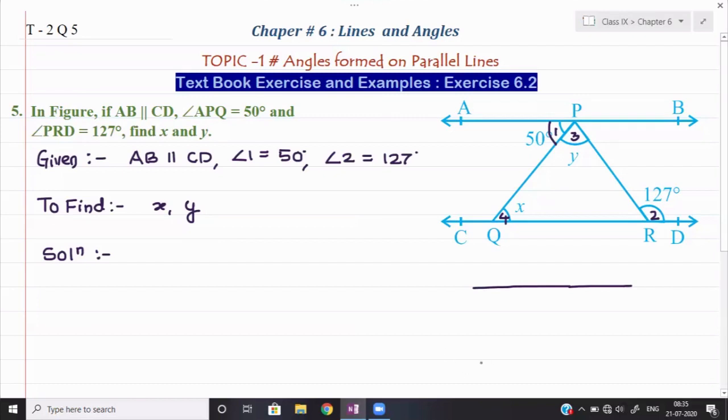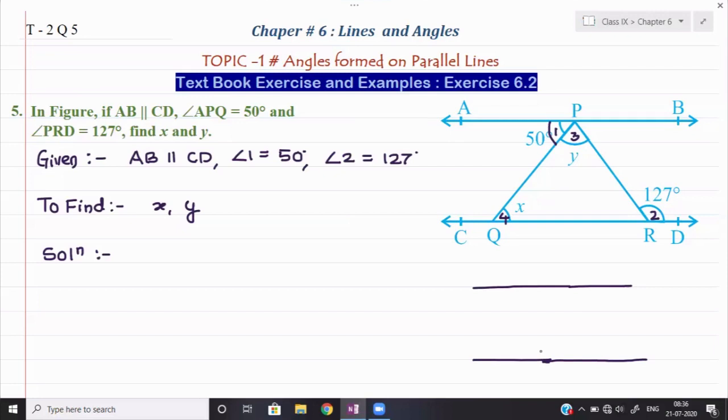This is a line AB and this will be a line CD. Now in these two lines, what is happening over there? There are two transversals, and each and every transversal makes its own corresponding, alternate or interior angles. So how can we find out the required values?